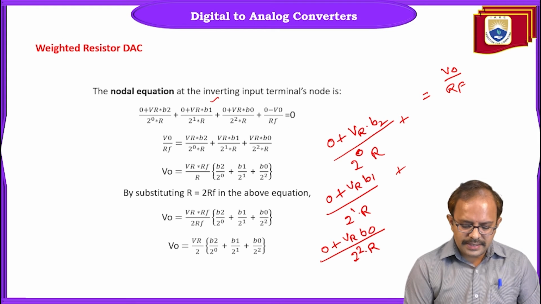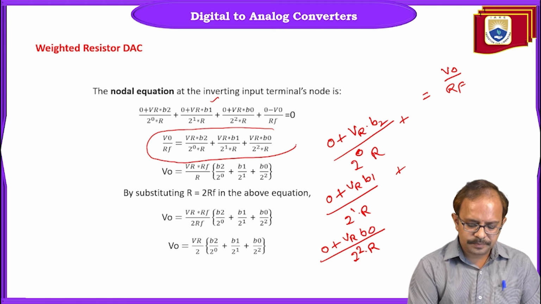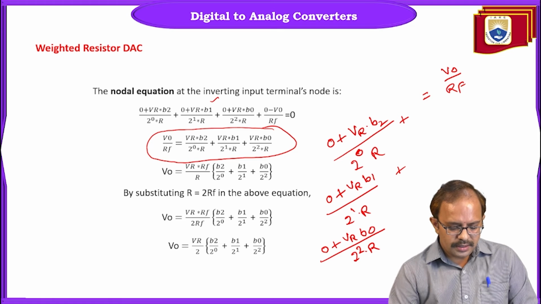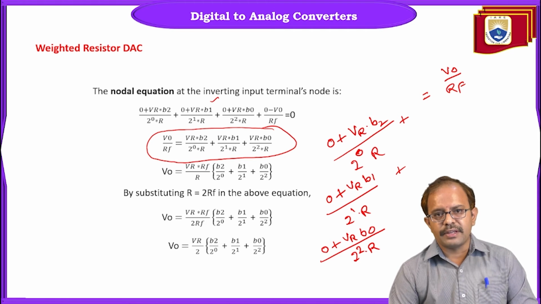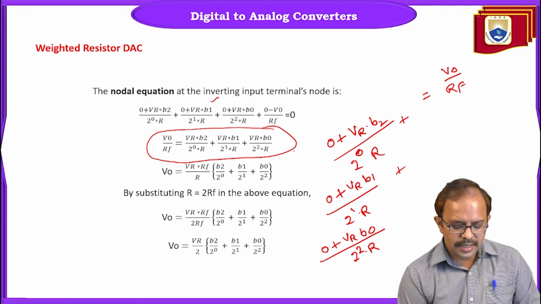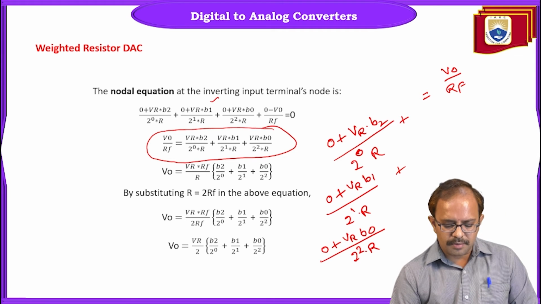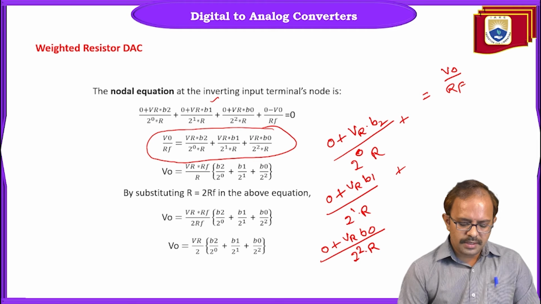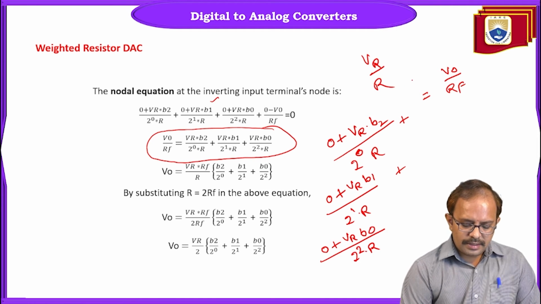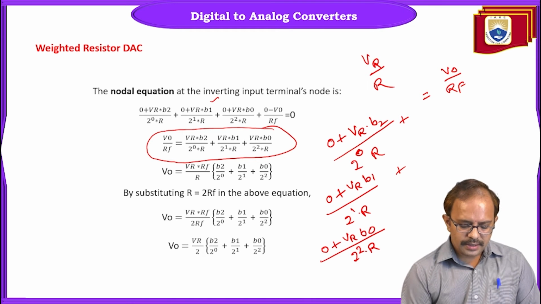Now, after simplifying the equation, let us represent LHS as V0 by RF and RHS as the three terms. In all these three terms, we have some common terms. The common term is VR by R. So let us take VR by R as common.